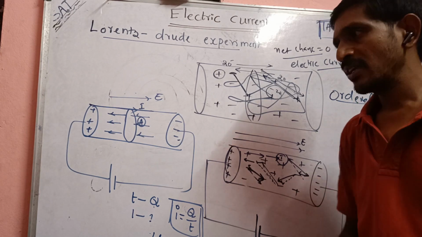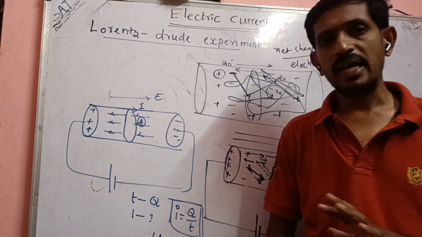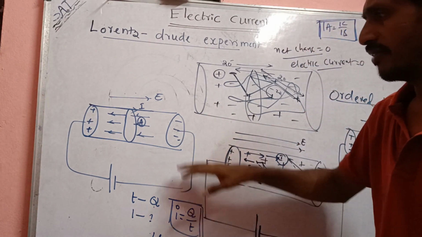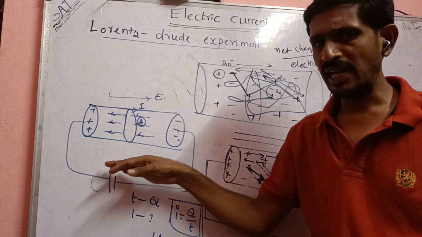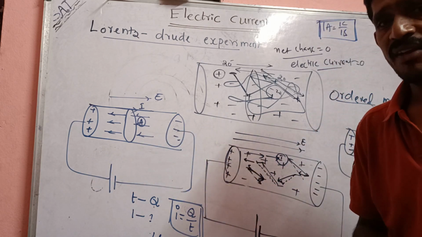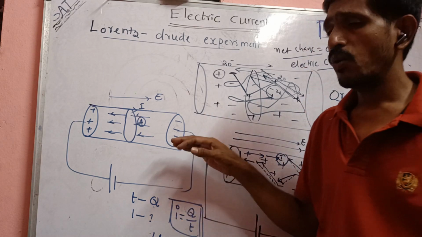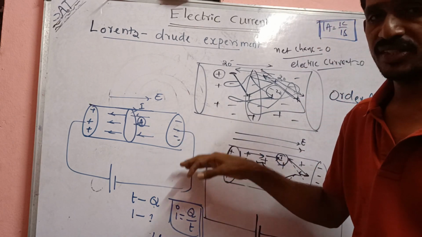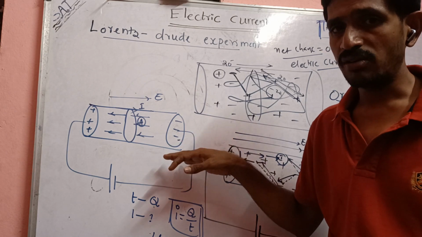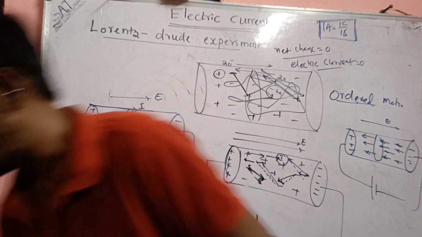This is the introduction to current. Now, whenever the electron is moving, it has a velocity. Now we are going to discuss the velocity of this electron.